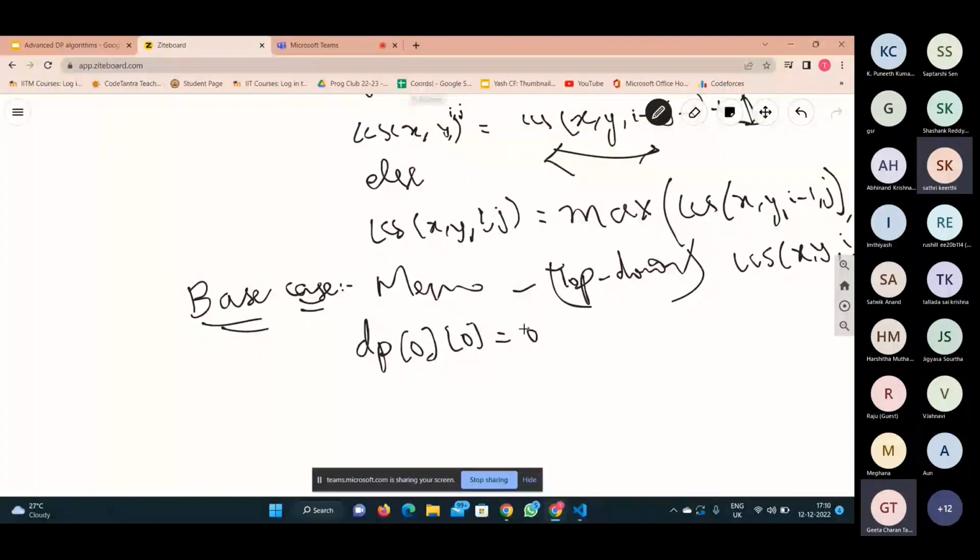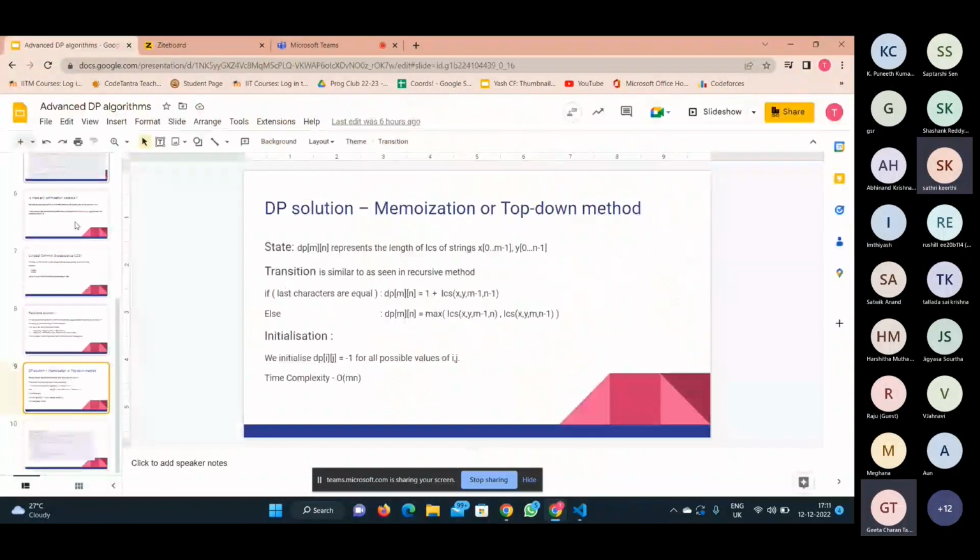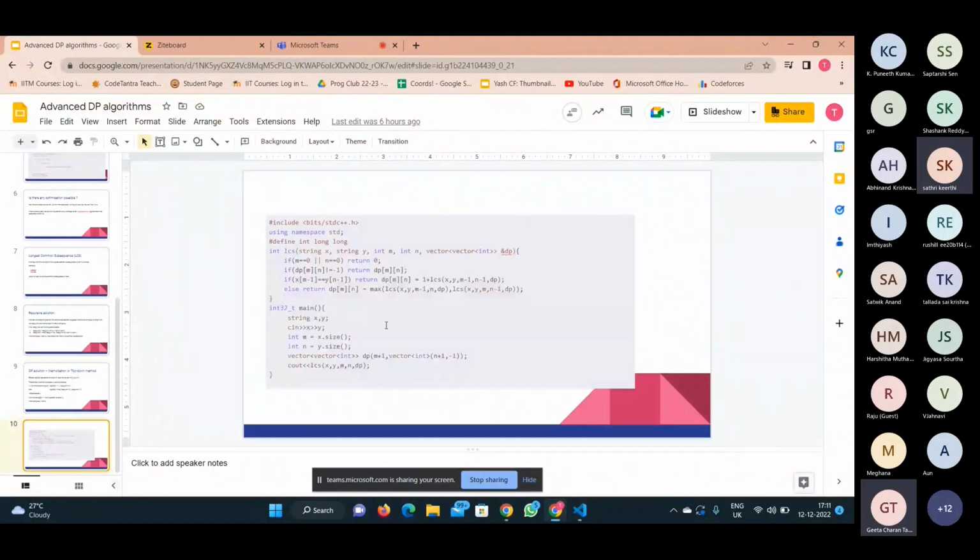This is like considering till 0 terms and till 0 terms, we don't have any common subsequences, so the length of the longest common subsequence will be 0. So we'll have a look at the code here.